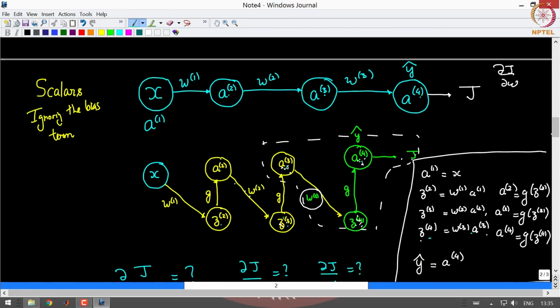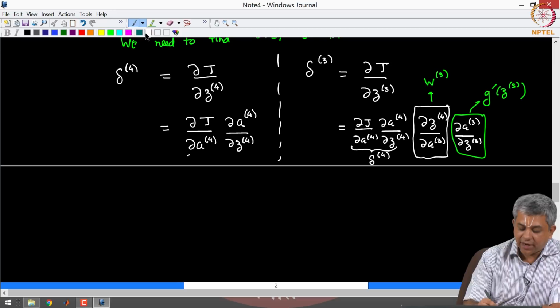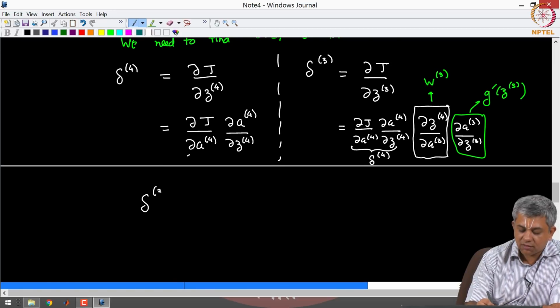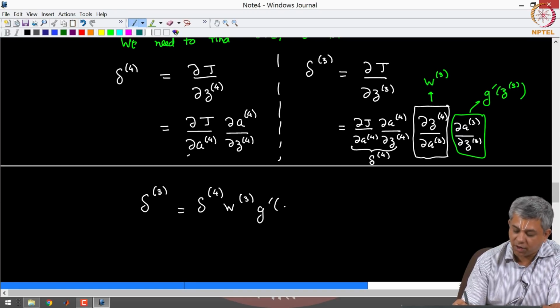Notice this, del a 3 del z 3 is simply g prime of z 3. So, let us write this, delta 3 is equal to delta 4 multiplied by w 3 multiplied by g prime z 3.